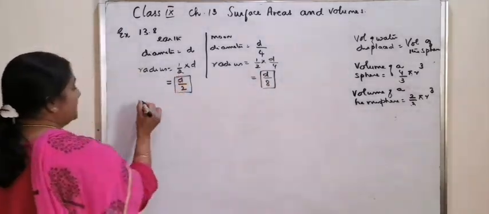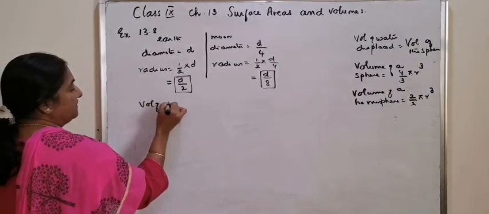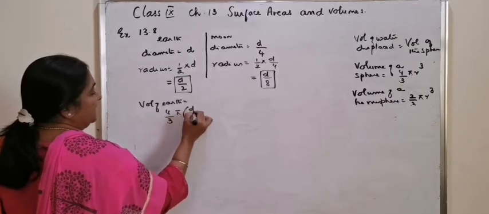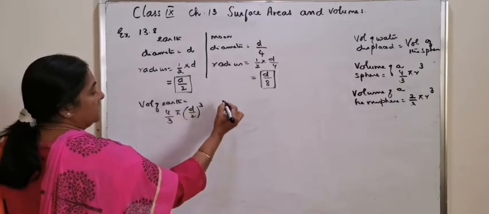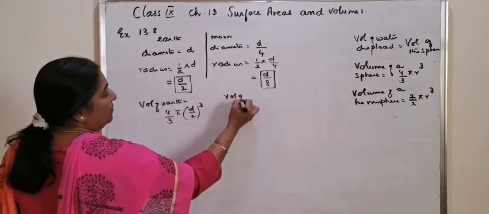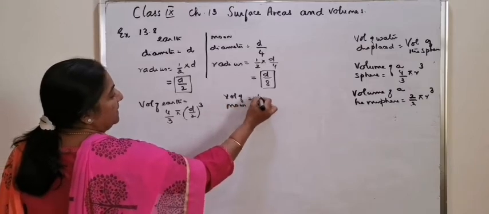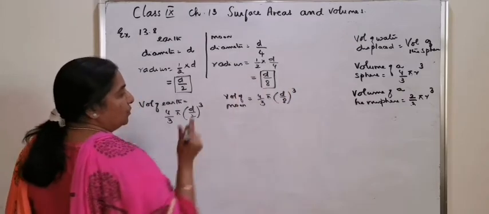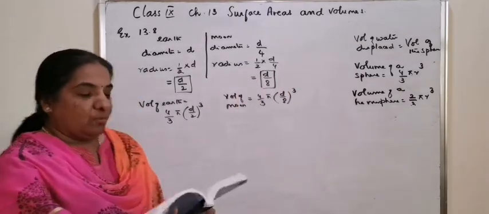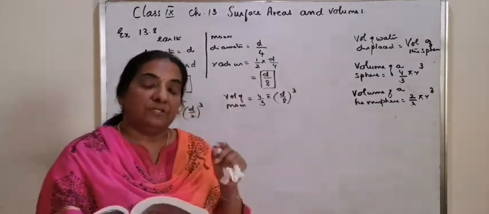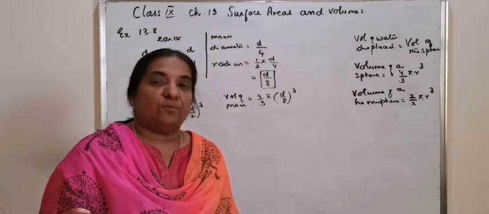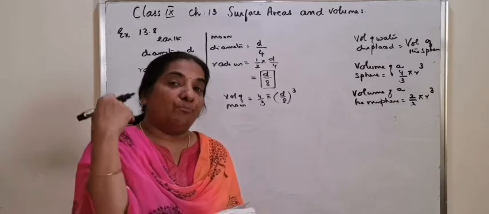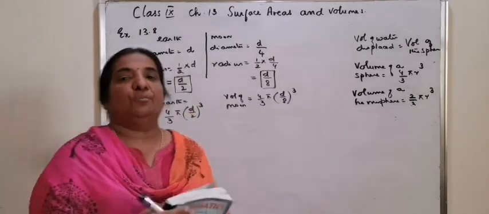So what will be the volume of earth? It is equal to 4 by 3 pi d by 2 the whole cubed. And what will be the volume of moon? It is 4 by 3 pi d by 8 the whole cube. Now the question is, what fraction of volume of earth is the volume of moon? Means the comparison is volume of moon to volume of earth.